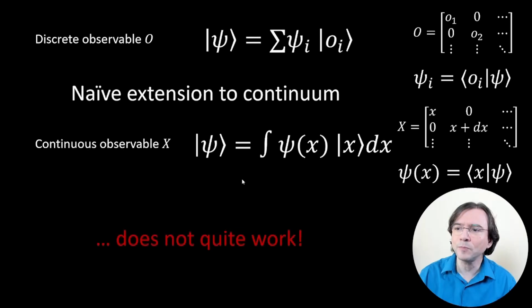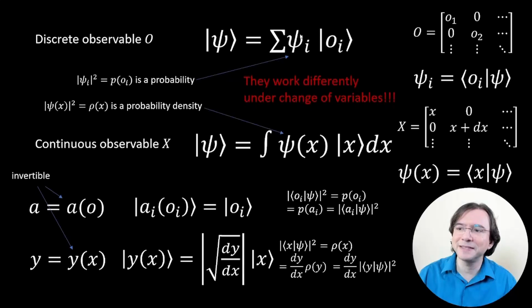So what happens is that this ψ squared, this component, is really a probability, right? This is going to be the probability of finding the element in this eigenstate. But when we do |ψ(x)|², we get a ρ, a probability density.